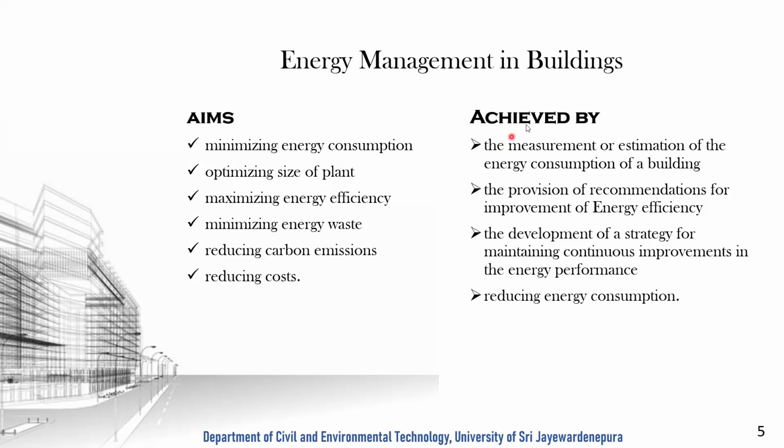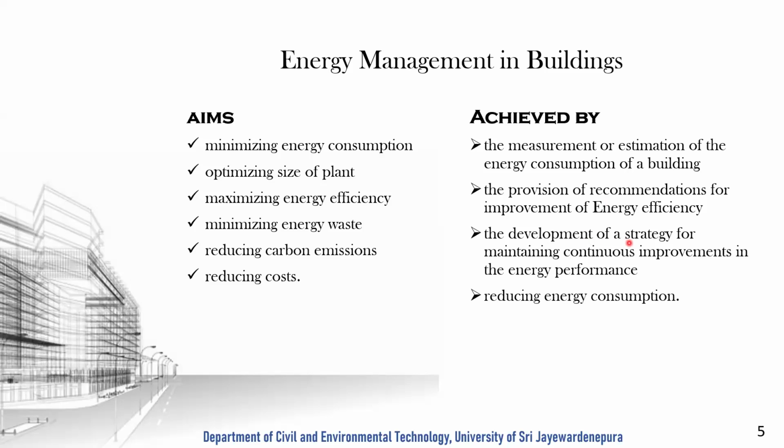Energy management is achieved by 4 key criteria that we can follow. First of all, we have to measure or estimate the ongoing energy consumption. Then we have to give recommendations, looking at suitable solutions for how to improve the energy usage. And not only improvement, but we need to have a mechanism or strategy to maintain that improvement.